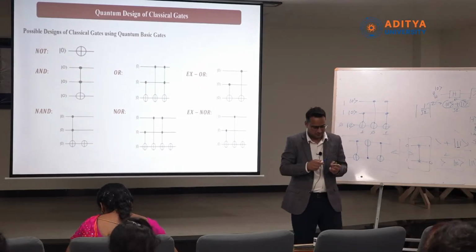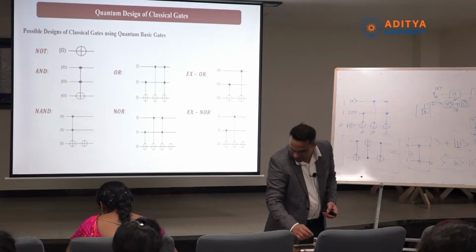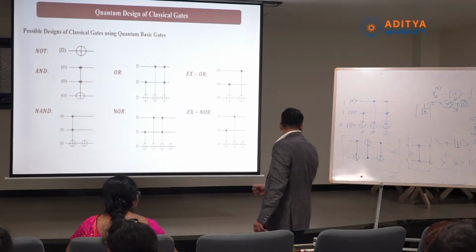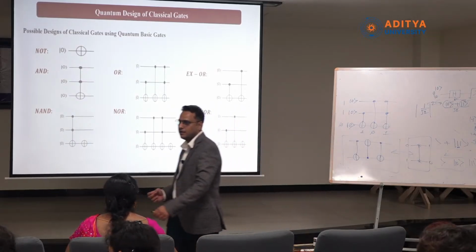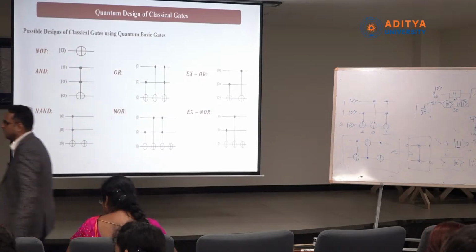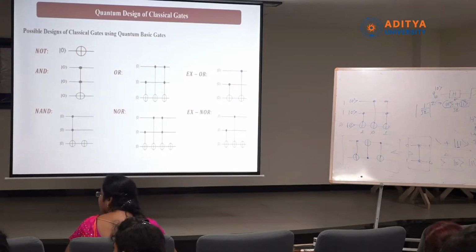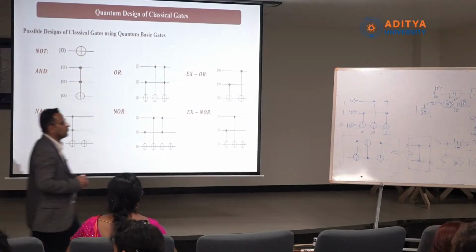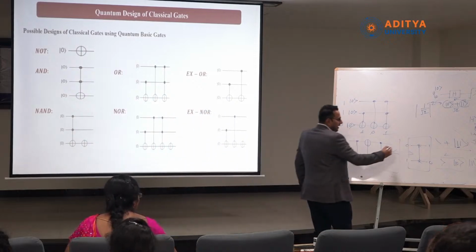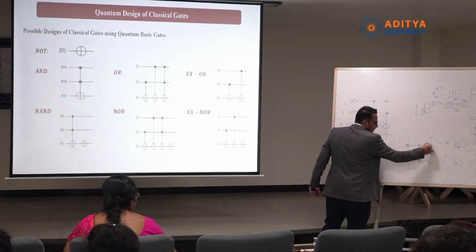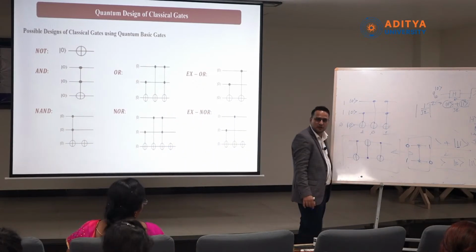If you take here 0, this is 1, so the output would be 1, 0 as per the swap gate.